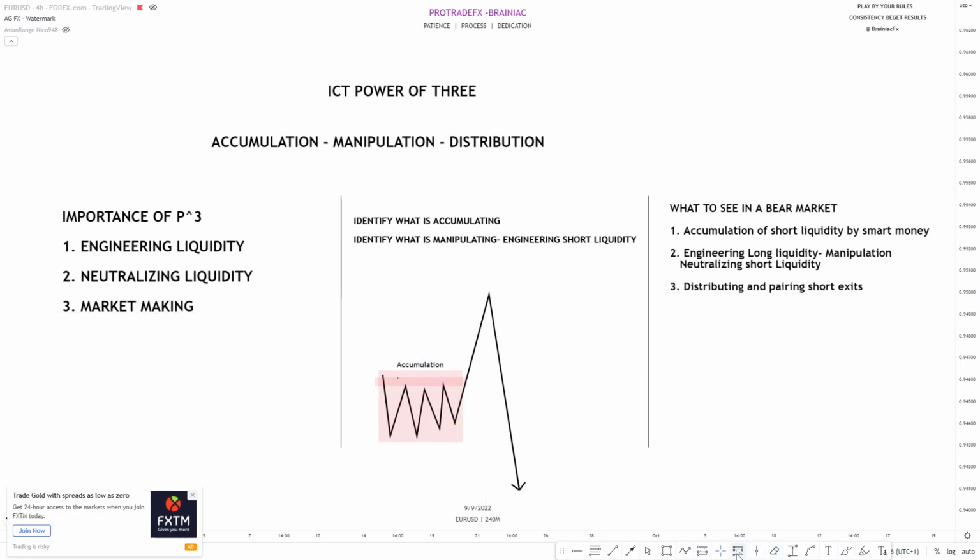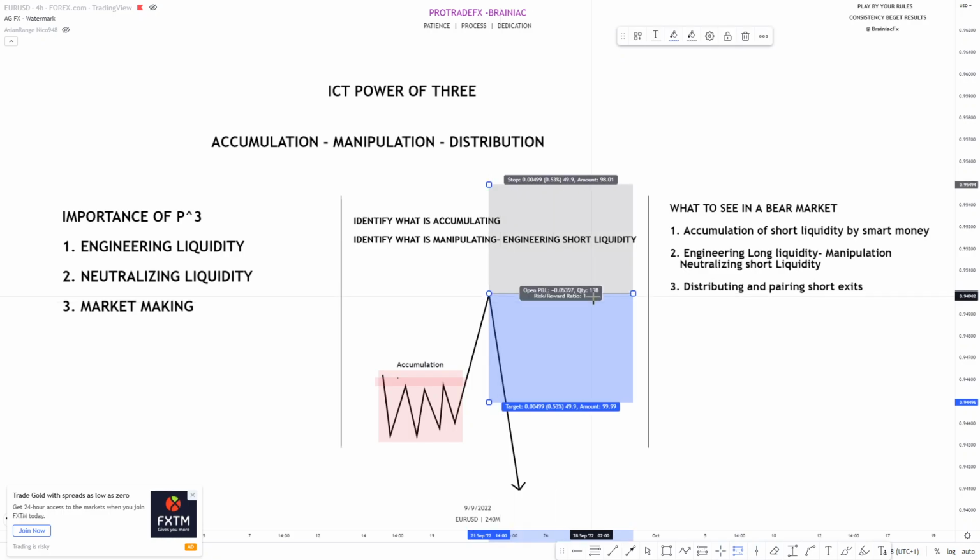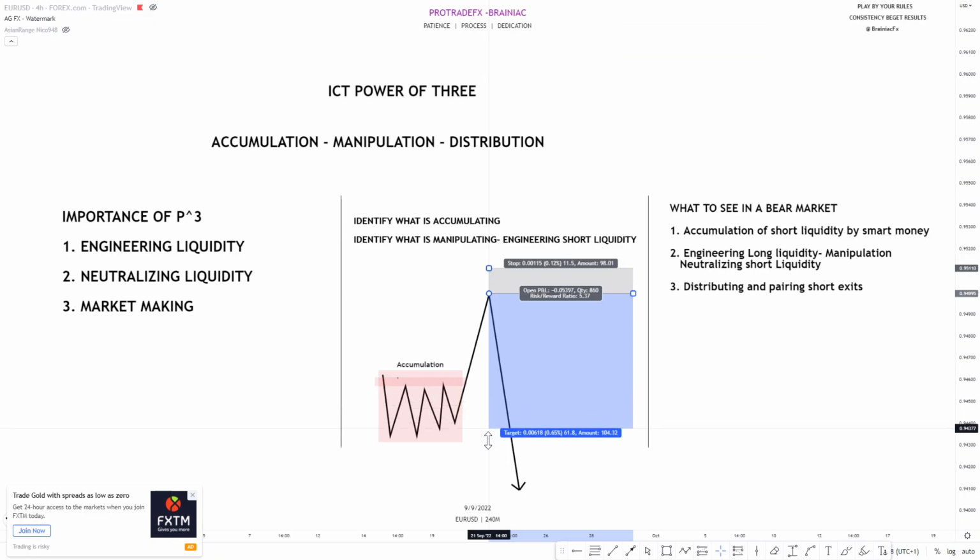So they get involved in short positions here when they've paired their positions with the longs from the retails, right? So they are able to get into short here and their exit is what?